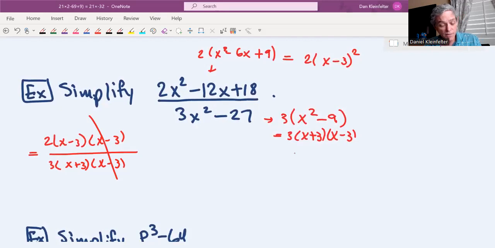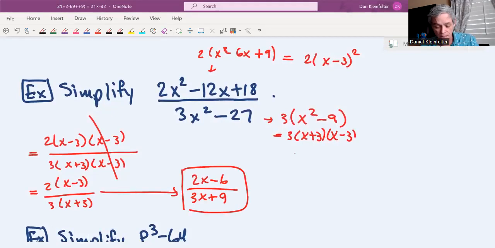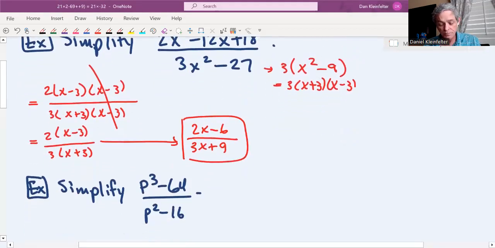So now the common factor of x minus 3 can be divided out of the numerator and denominator. That will leave us with 2(x minus 3) in the top and 3(x plus 3) in the bottom. It looks nicer probably to go ahead and multiply that out because there's more simplification that can be done. So we'll have 2x minus 6 in the numerator and 3x plus 9 in the denominator. Okay, so that will do it.